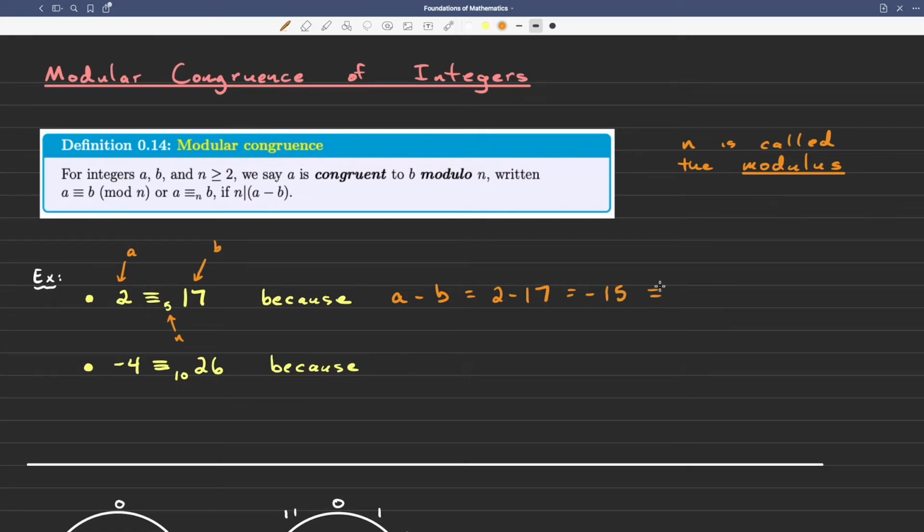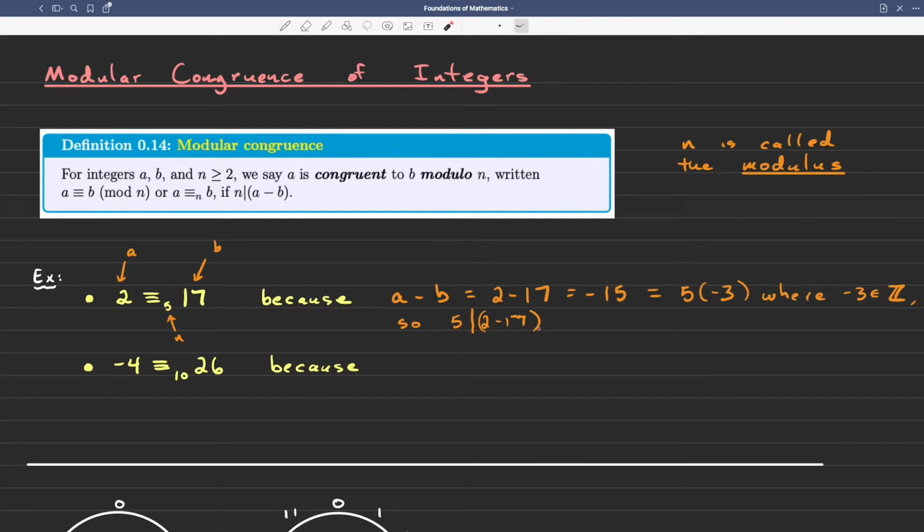And I know that 5 divides negative 15 because I can write negative 15 as 5 times negative 3, and point out that negative 3 is an integer here. So 5 divides 2 minus 17. So the reason this is true, 2 is congruent modulo 5 to 17, is because 5 divides 2 minus 17.